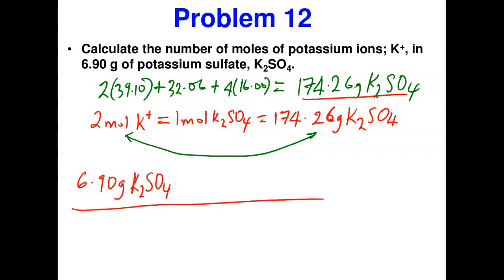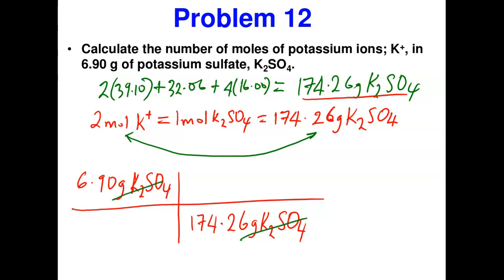Again, since we are using these 2, we want to remove the mass. So we're going to put the mass down. So this is going to be 174.26 grams of K2SO4. Again, I want to cancel before I move on. Grams of this cancels grams of this. That shows you that you're correct.